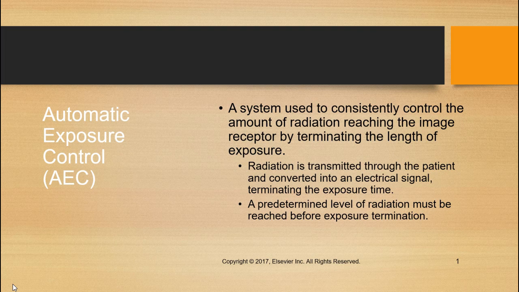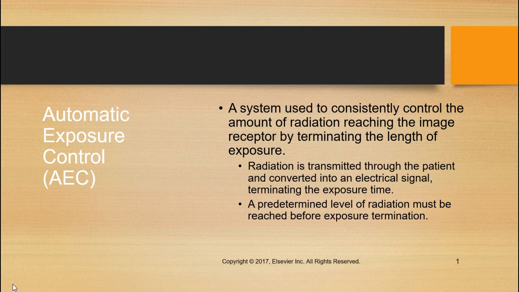So how that termination happens is the radiation is transmitted through the patient when you press the exposure button. It goes through the patient and then it's converted into an electrical signal after it exits out the patient, sometimes after it's been through the IR already, sometimes before, and we'll go into that.